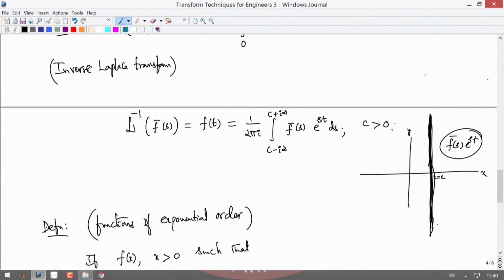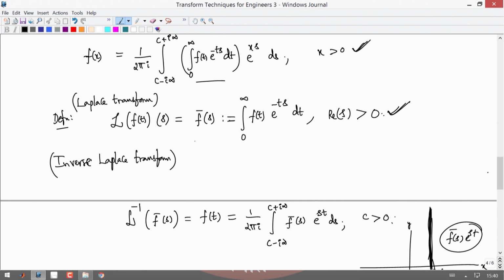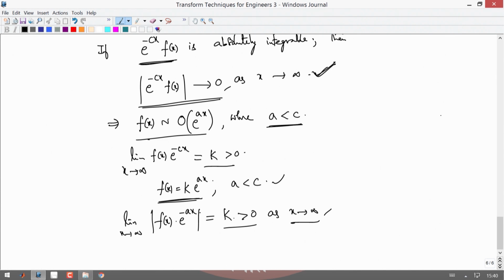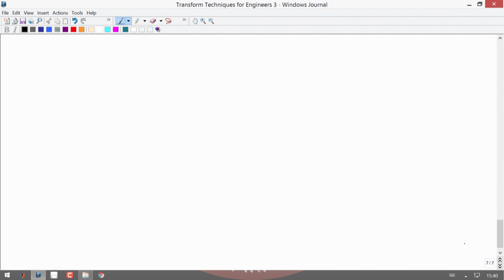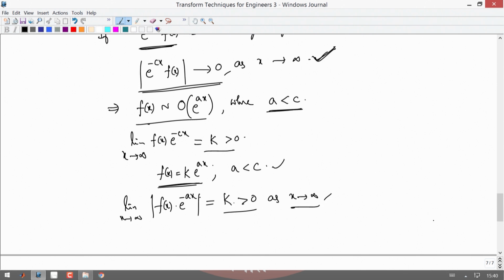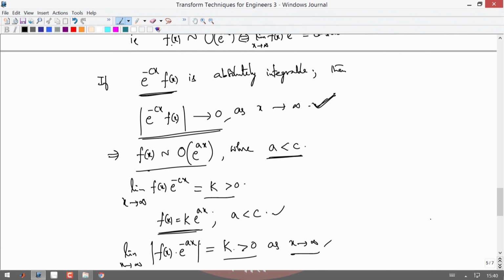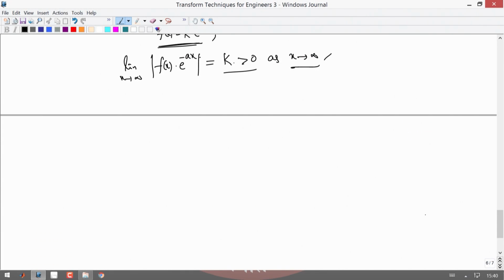So if you go back and look at here, what happens here? What is your c or what is your s? Real part of s is... so if you look at the Laplace transform now with this definition. Once you know this, it is an exponential function of order a which is less than c, then what is your Laplace transform?